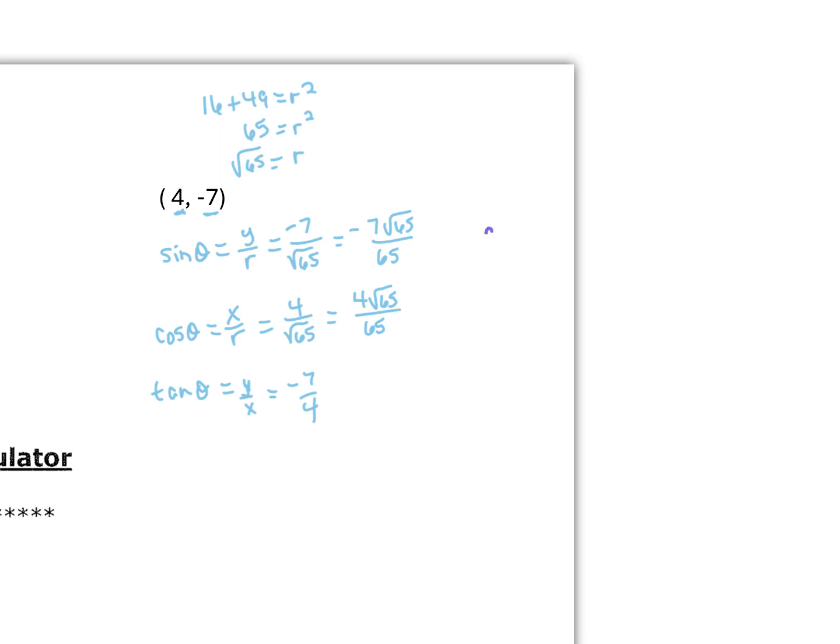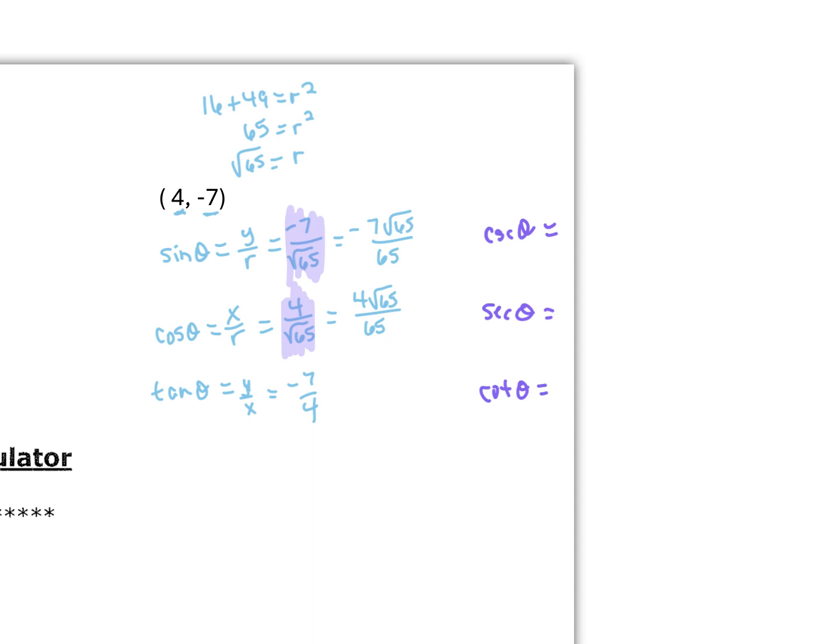Let's see here. We know we're going to do the cosecant and the secant and then the cotangent, right? We're just flipping though. Now, here's where you do want to watch. I want to flip that and that. I do not want to flip what I got when I've rationalized my denominator.